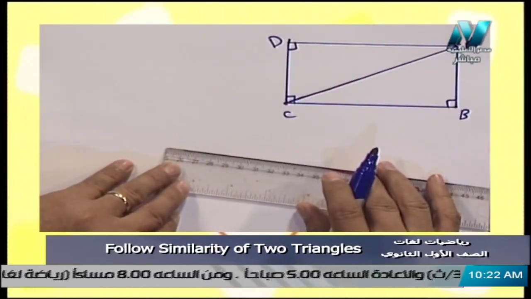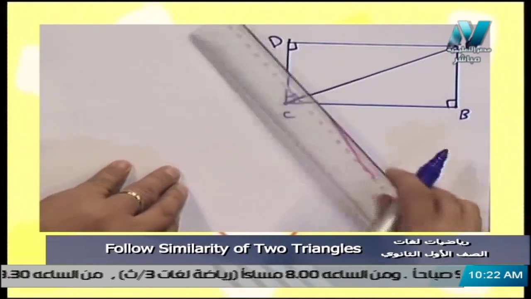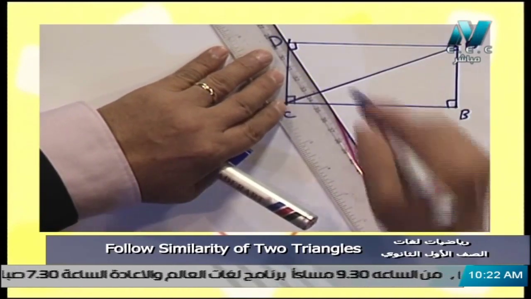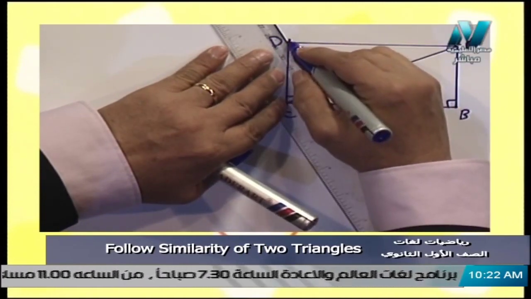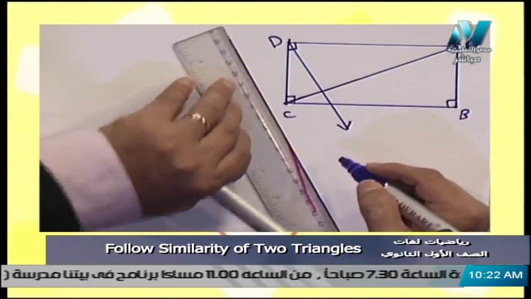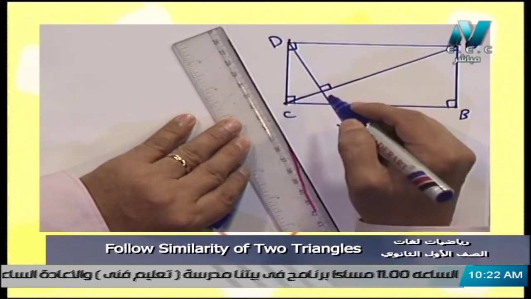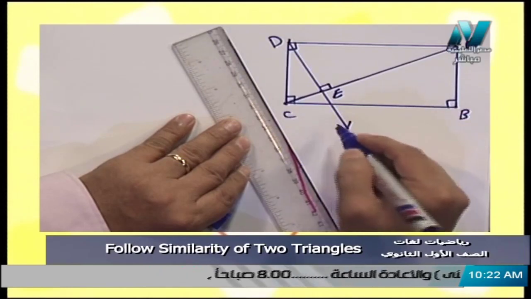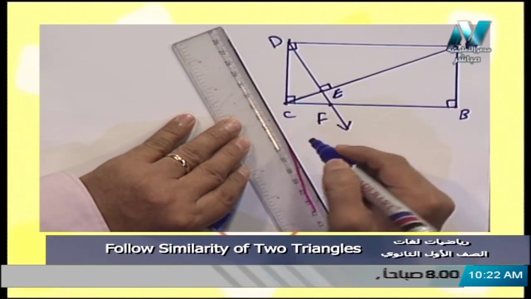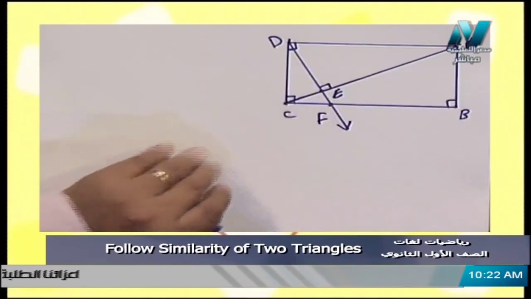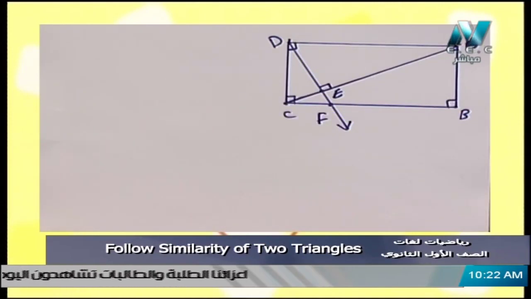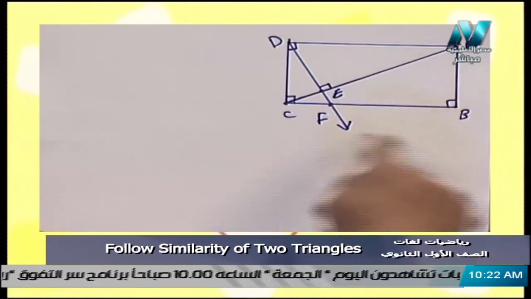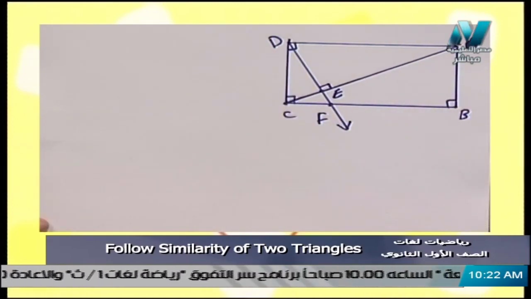Okay, and let us draw a perpendicular from D to the point E, and let us call this point F. We have here a rectangle ABCD, and we know that each angle is 90, or right angle.